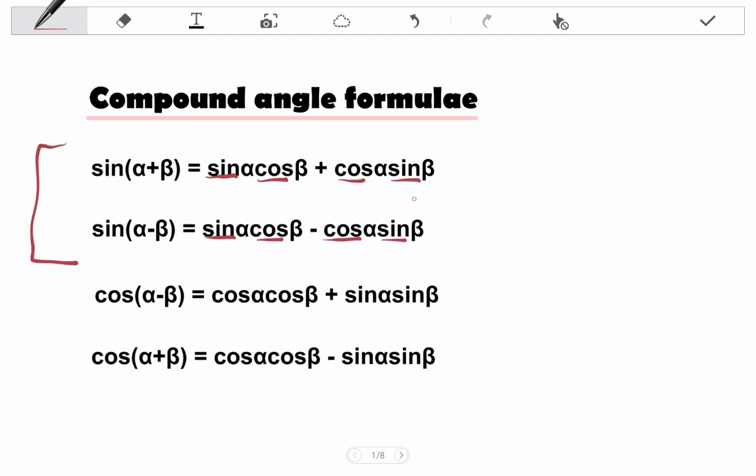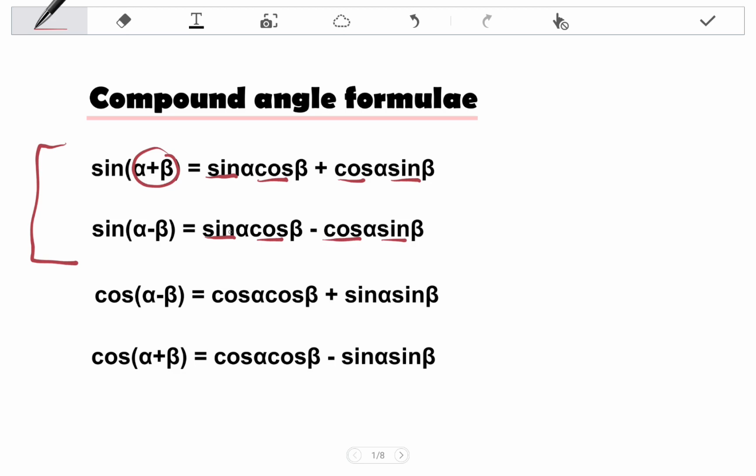The first thing I want you to notice is that in both of them, our first term in the expanded form has both sine and cos trig functions. But in the second term, we start with the cos and then the sine. So it's sine, cos, cos, sine, sine, cos, cos, sine. And the angles are in the order that they were in the bracket: alpha first, then beta. Again, in the second terms, alpha first and then beta.